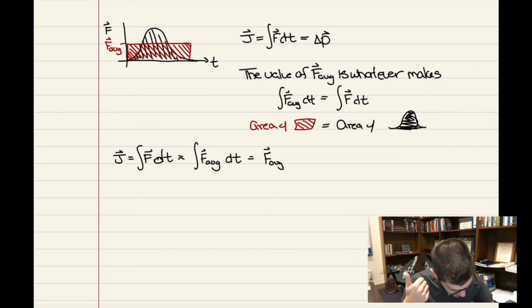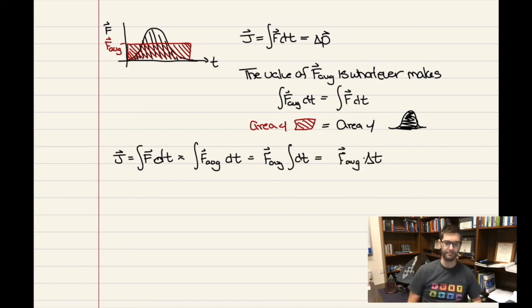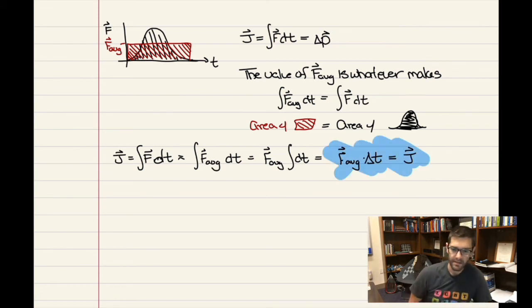So this is the same thing as F average times the integral of dt, or F average multiplied by some big delta t. And I'll recopy the J here so I can highlight this.